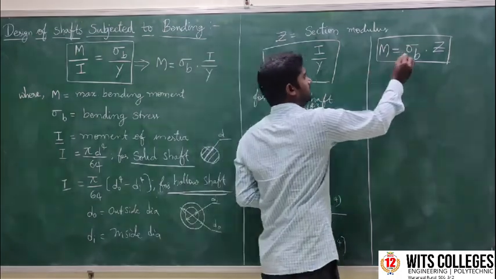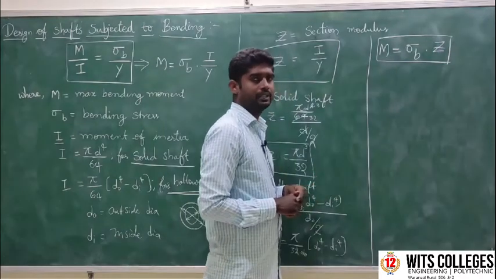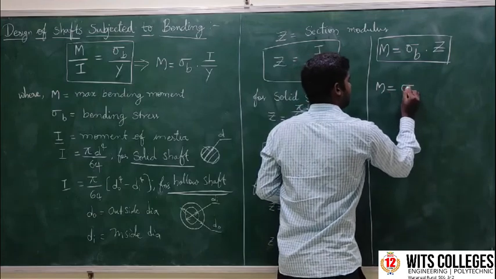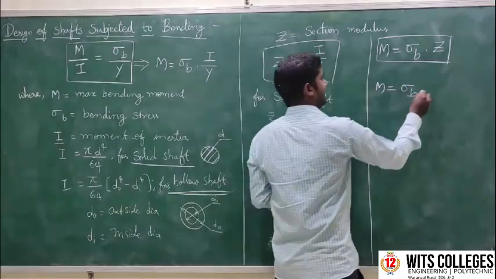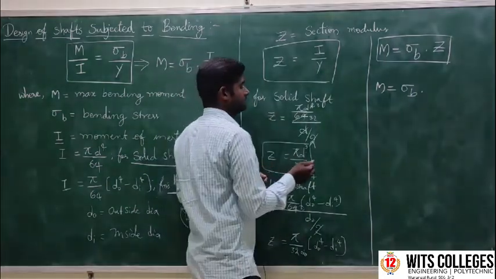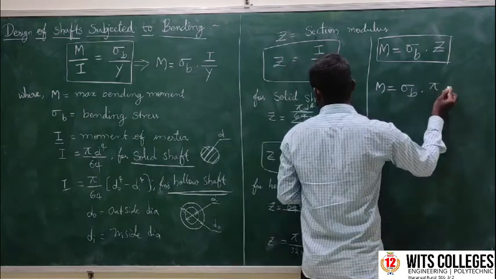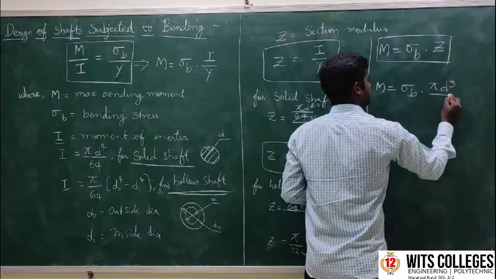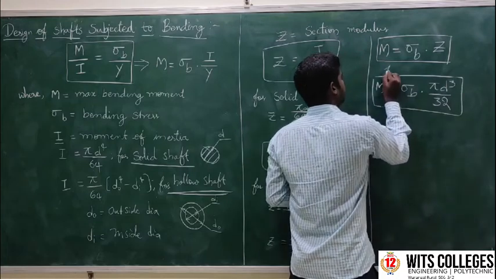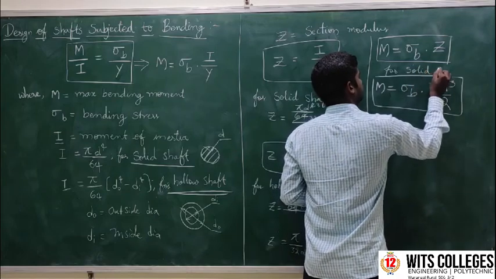That is why the bending moment is equal to bending stress into section modulus. Using this formula, M is equal to sigma b into Z for a solid shaft, substituting Z as pi d cube by 32.